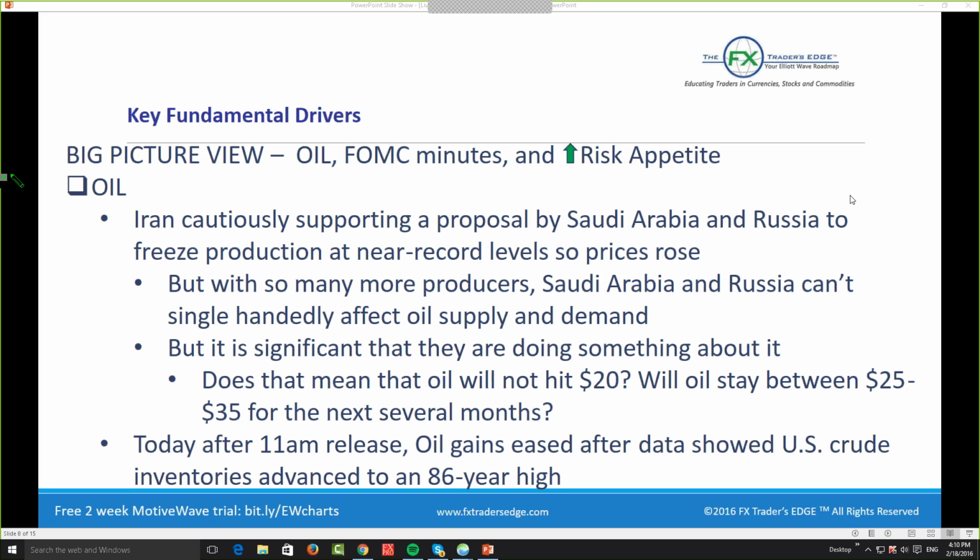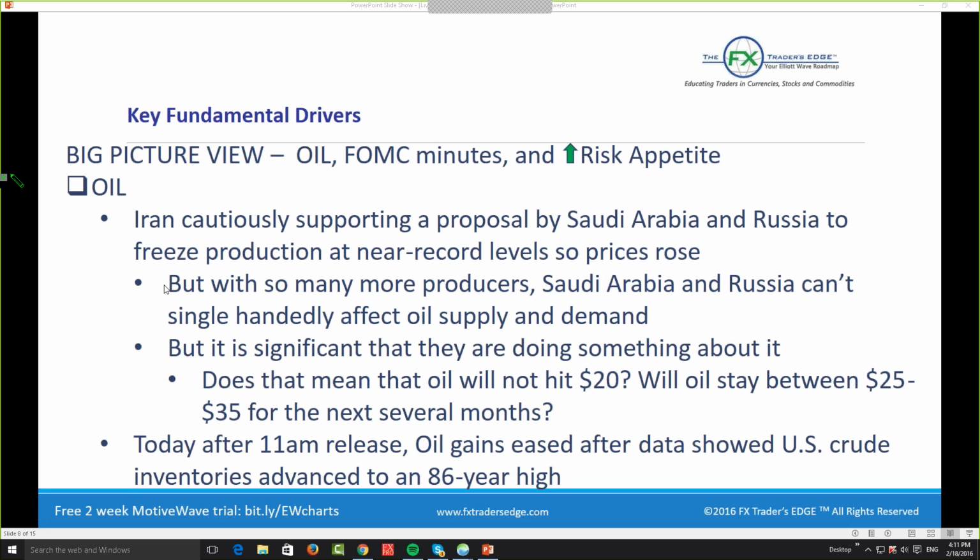That is the immediate reaction until the economists and strategists can analyze, well, so what if prices rise? What is the supply situation like? The price is driven by demand and supply. So if they're going to freeze production, is that enough to decrease the supply to cause prices to rise?